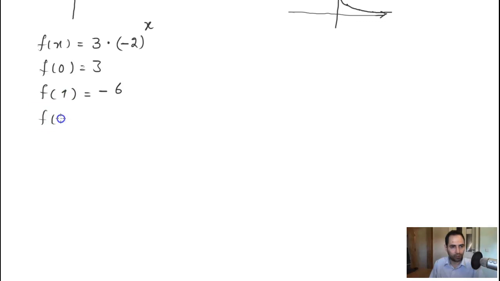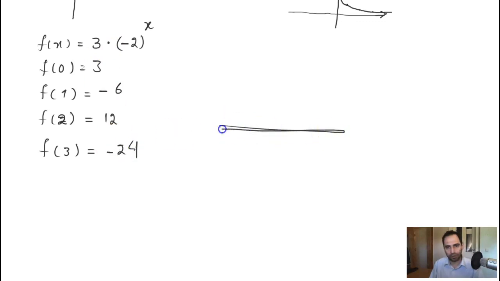F of 2 becomes 4, and 4 times 3 is equal to 12. F of 3 becomes negative 8, so negative 24. It becomes something like a weird function.